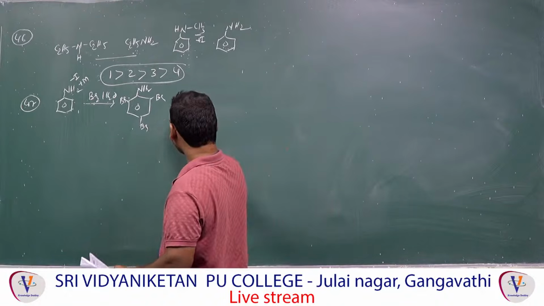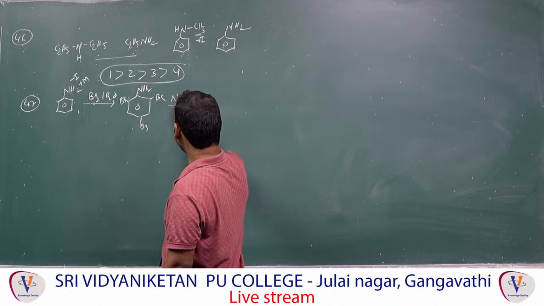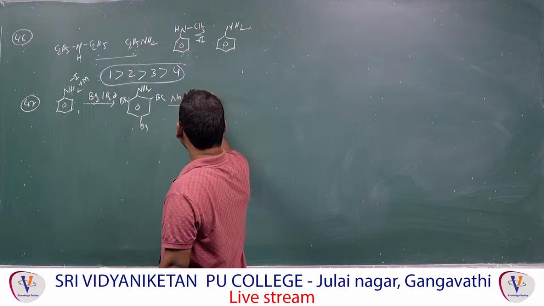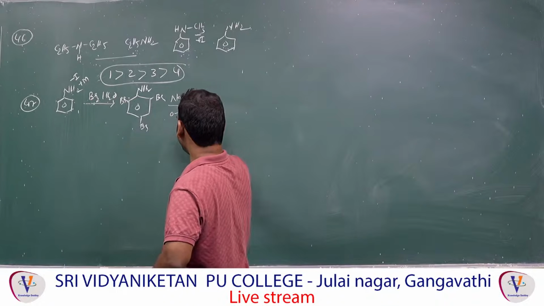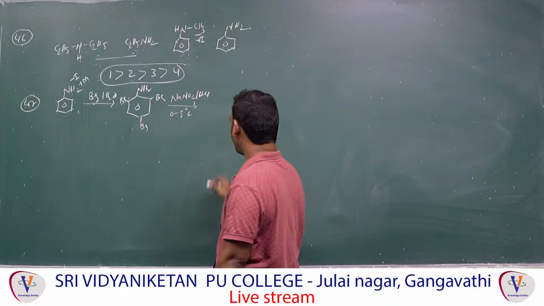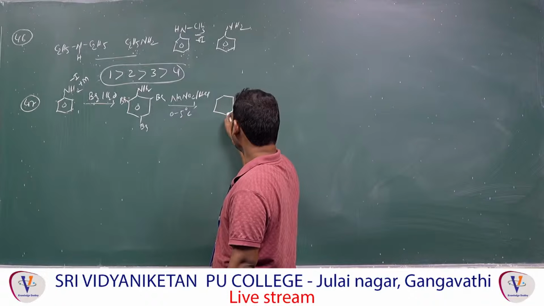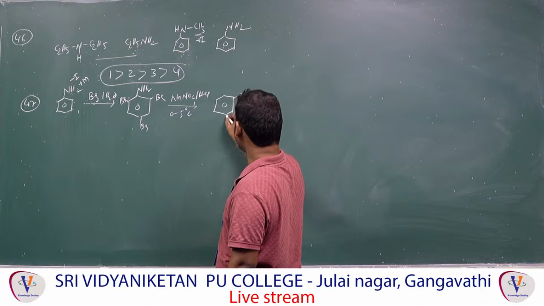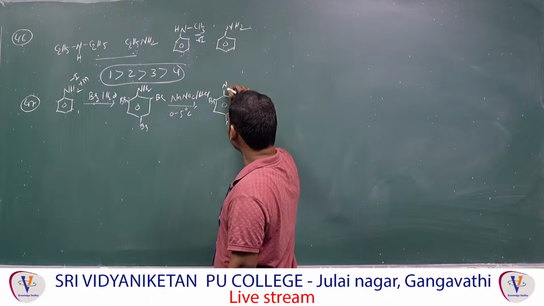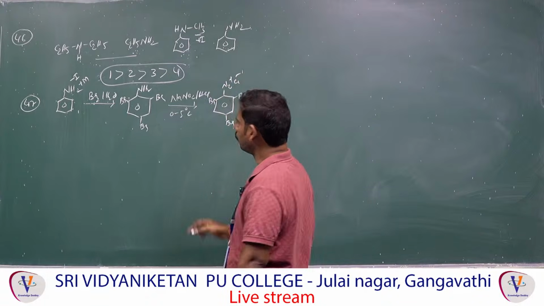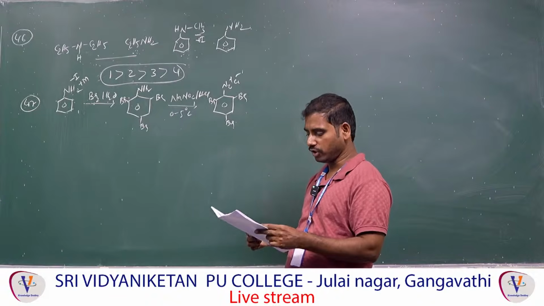Then followed by NaNO2 plus HCl, that is called diazotization. The temperature given is 0 to 5 degrees, meaning 273 to 278 K. Then what can I get? The Br will not change, Br stays as it is. The NH2 is converted to N2+ Cl-, that is called diazonium salt.